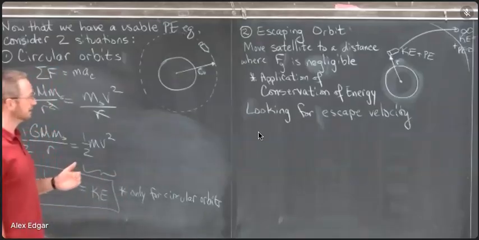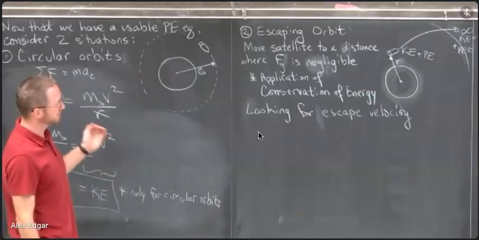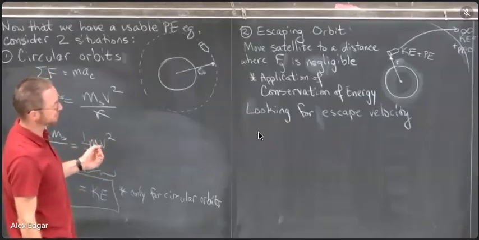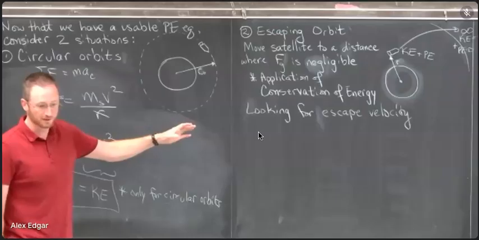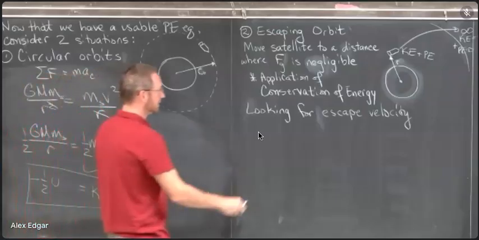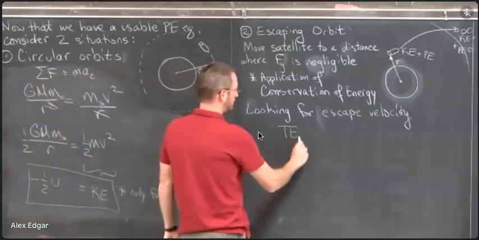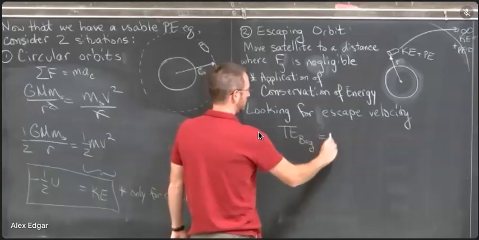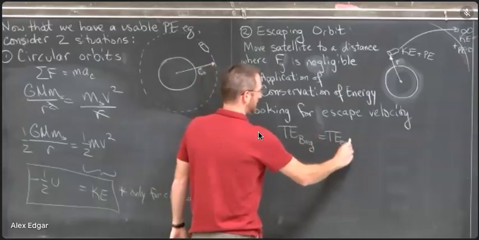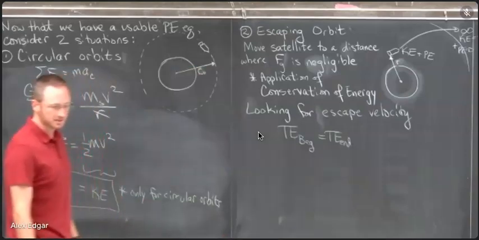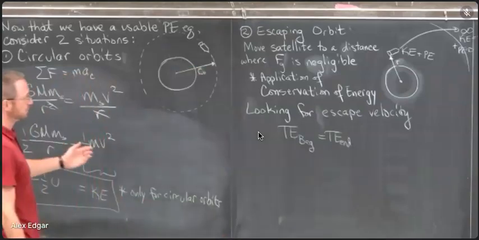So we're going to see how this works out, how we can start out with both kinetic and potential energy at the beginning and then end up with zero of everything at the end. Total energy at the beginning is going to be equal to total energy at the end. This is simply an application of the conservation of energy that we've talked about before.